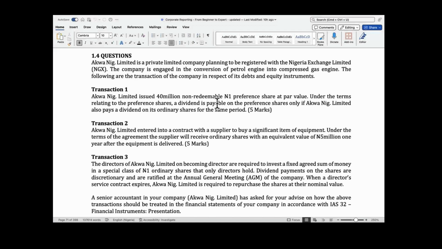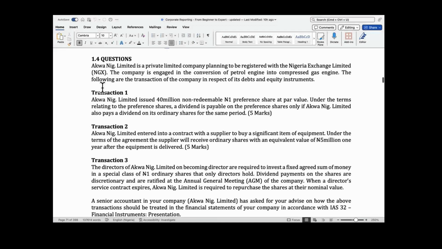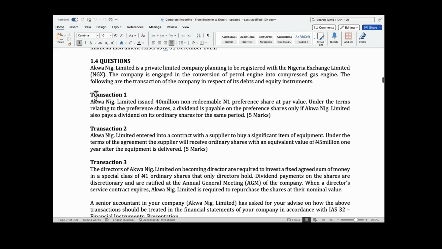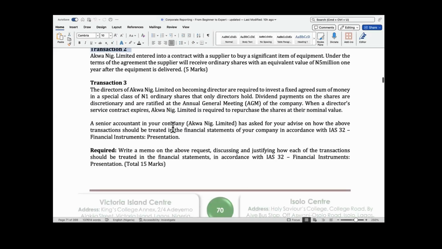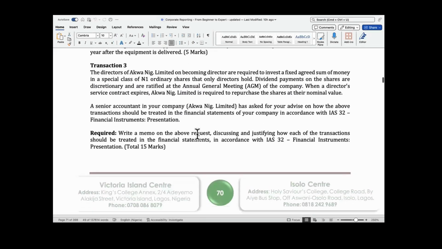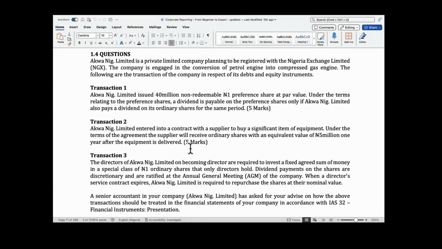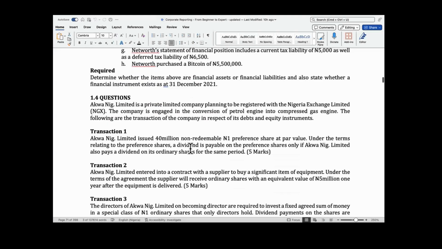So please look at it. It's just within what I've taught you, but it's for you to apply that knowledge. They gave you 3 transactions, and they want you to write a memo discussing how each transaction should be treated in the financial statements in accordance with IAS 32, 15 marks. So that means each of them is 5 marks.